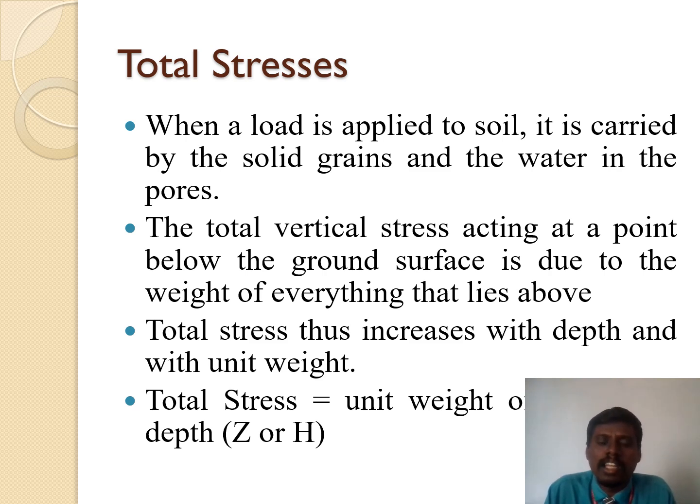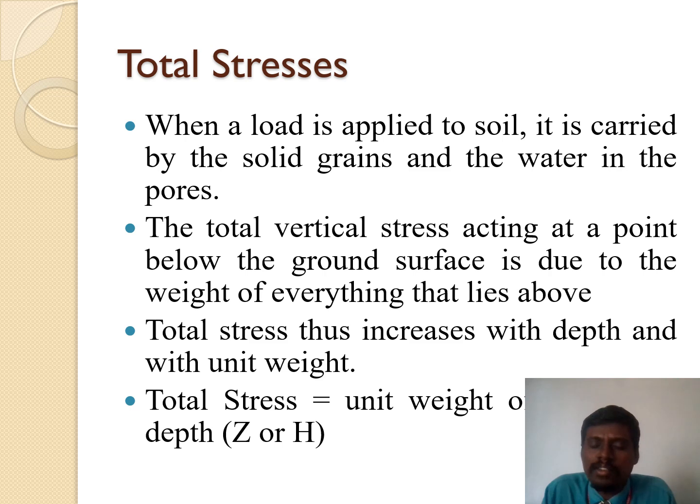So next thing is total stresses. Total stresses means the stresses produced in the soil due to two major parameters. One is the self weight of soil, and the second one is the overburden.